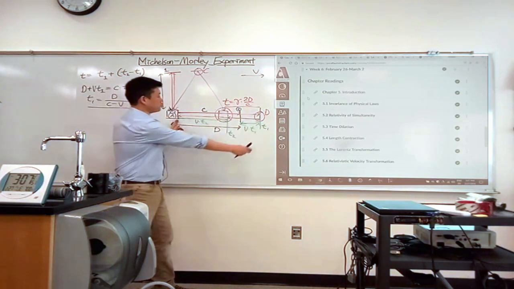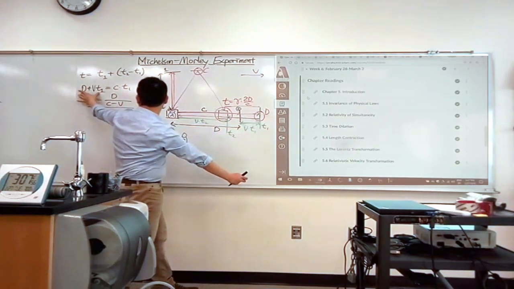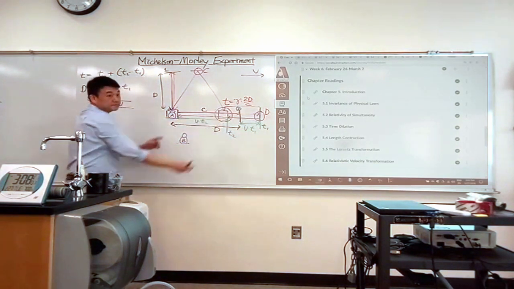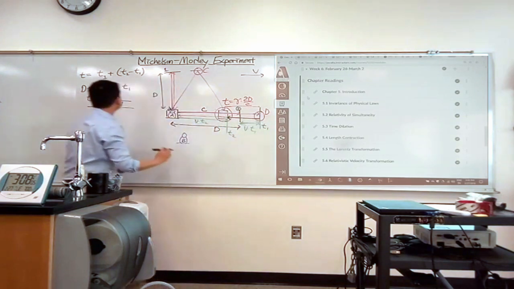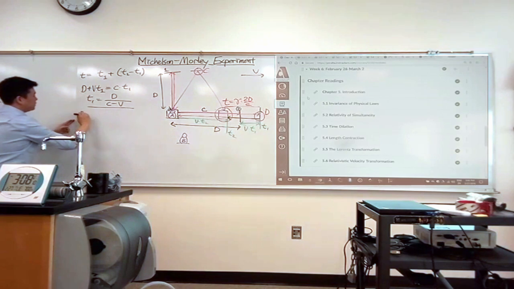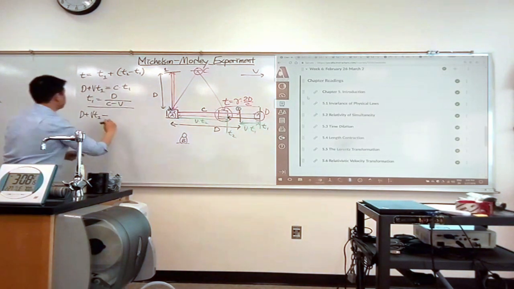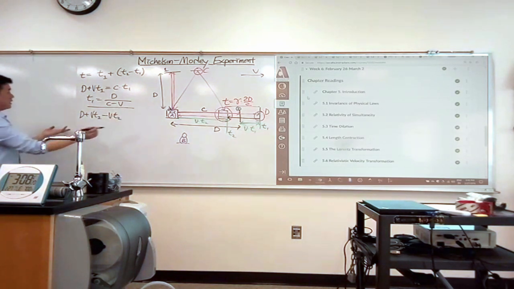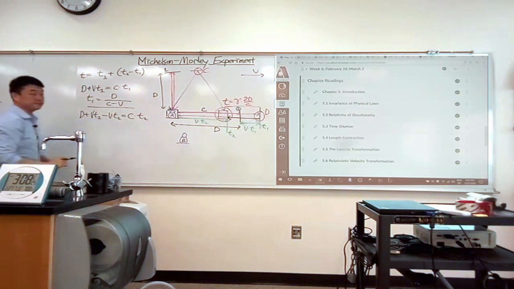So it's traveling the distance d plus vt1 minus this bit here, v times t2. Good? And that should be equal to speed of light times t2.